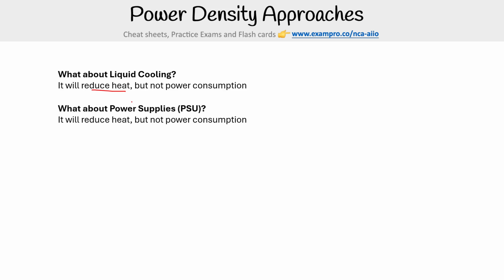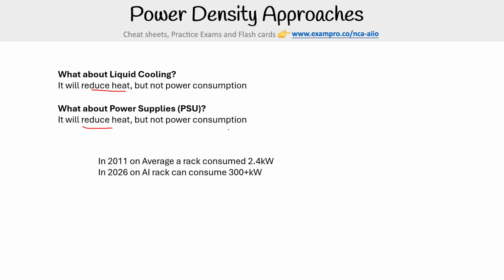What about power supplies? That's the thing that supplies power. Well, it will reduce heat, but not power consumption. Just repeating that. Let's talk about what an average rack would consume, just so you have an idea of how much energy is being utilized. So in 2011, an average rack consumed about 2.4 kilowatts. In 2026, an AI rack can consume 300 kilowatts.